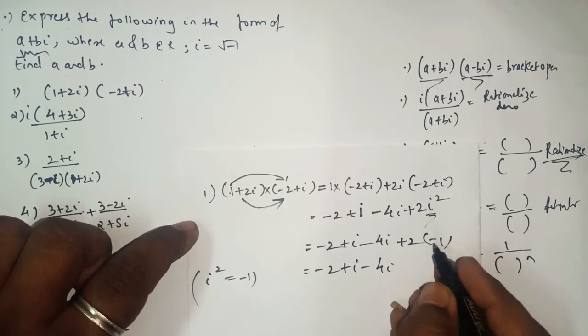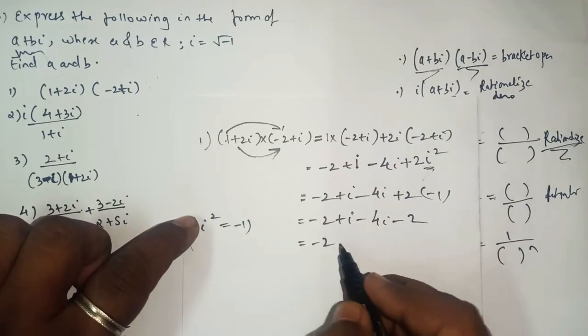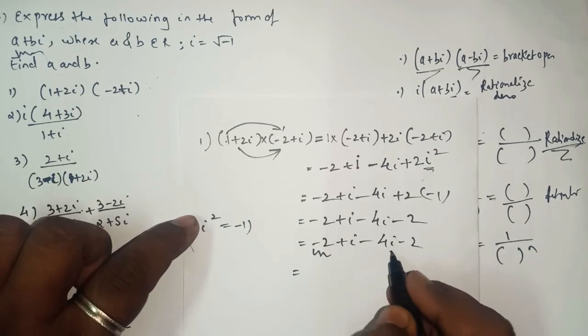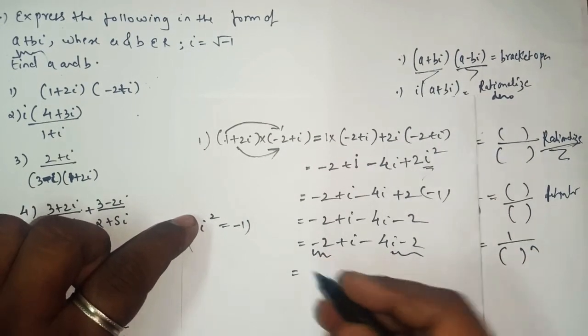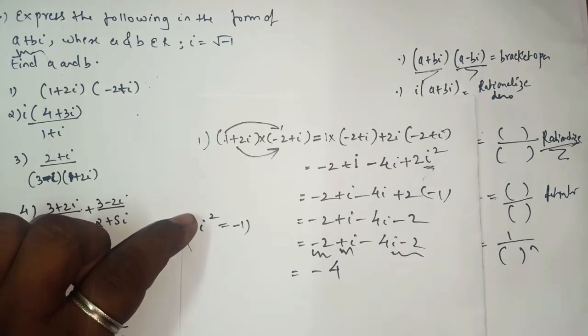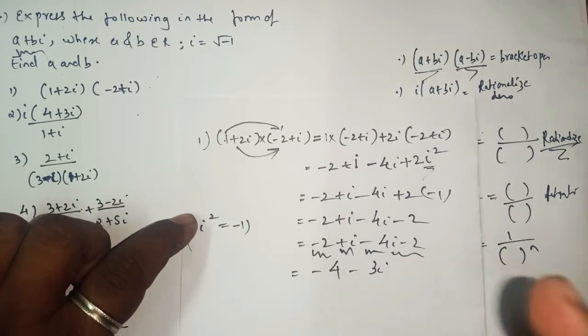Plus minus will be minus 2. So minus 2 plus i minus 4i minus 2. Now we can solve this part. Minus 2 and minus 2 gives minus 4, and i minus 4i gives minus 3i, yes or no?